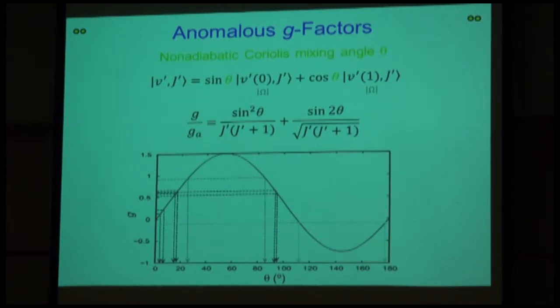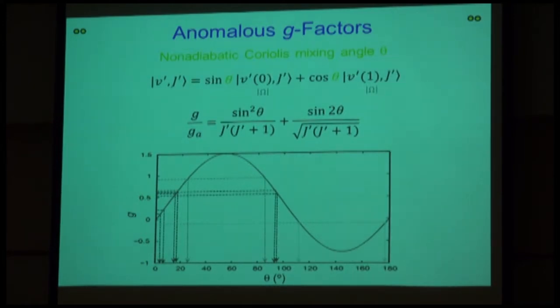Just taking the expectation value of the linear Zeeman Hamiltonian, one can write down the expression for the expected G factor, divided by the atomic G factor, which is 1.5. This ends up being a function of the mixing angle theta, of course, because the quantum state is a function of theta. So here I plot this molecular G factor as a function of theta for a particular choice of J prime of 1.